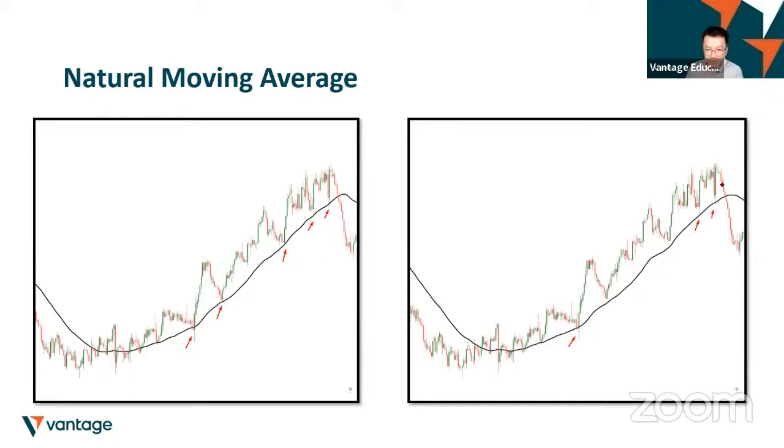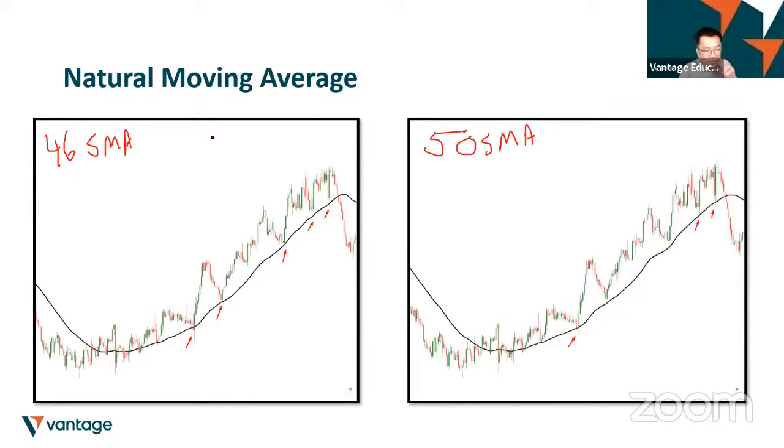What that means is, when you see this, in this case, this is the 50 SMA, and this is the 46 SMA. Commonly everyone is used to inputting a 50 SMA, 100 SMA, 200 SMA.